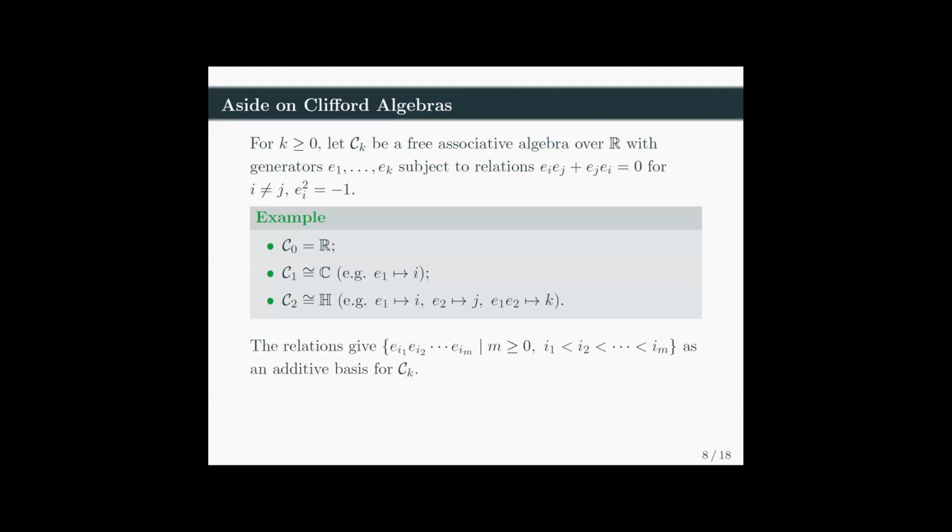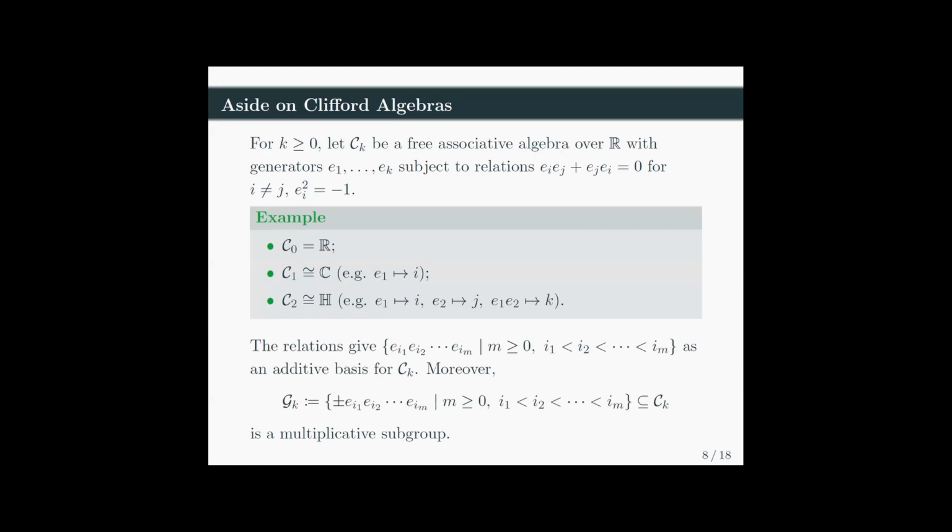If you give yourself a monomial in these generators of the Clifford algebra, these Clifford relations say that you can reorder them so that the indices are strictly increasing. And if you take these monomials where the indexing is strictly increasing, you actually get an additive basis for this Clifford algebra. And if you put a plus or minus sign in front of those things, you actually get a multiplicative subgroup.